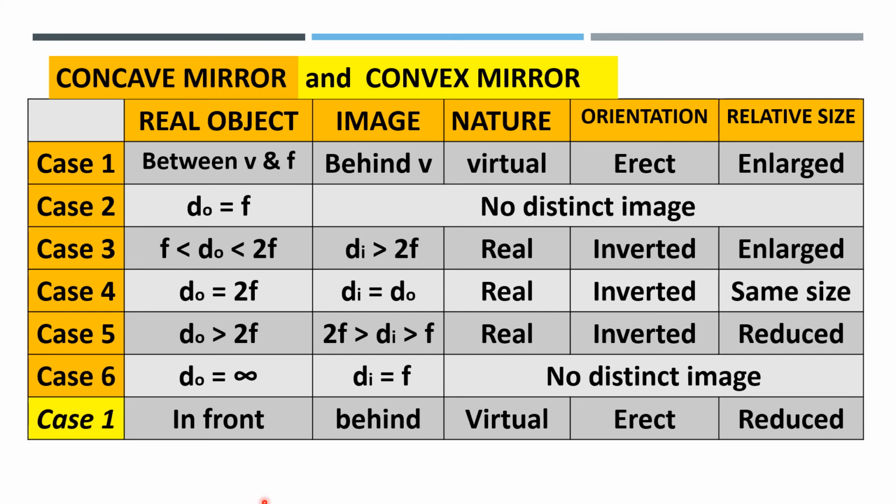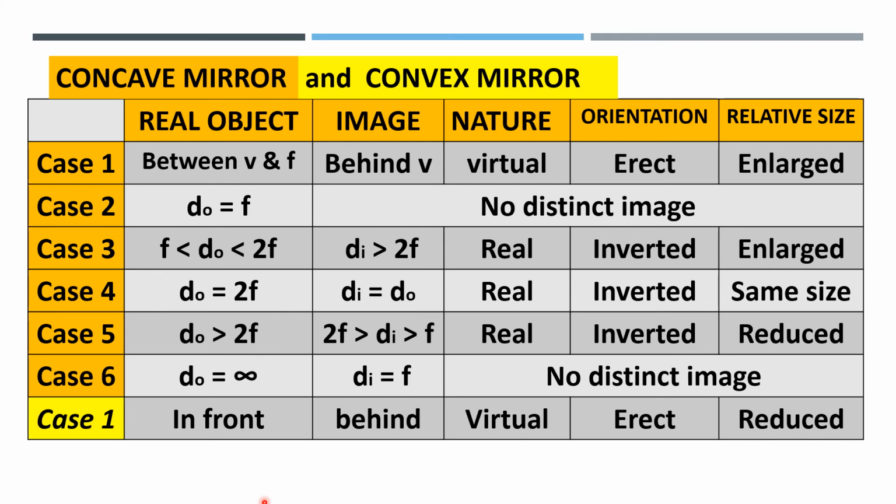Before I end my tutorial, let me just share with you a summary of the different cases. There are 6 cases actually of determining the image distance, the nature, orientation, and the relative size of the image. 6 cases for concave mirror and just one case for convex mirror.